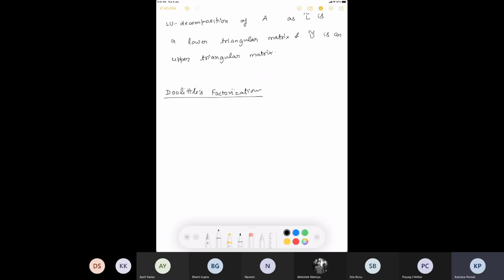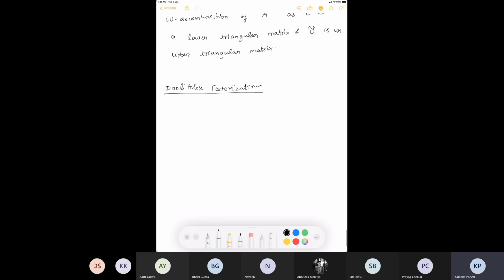As I said, this is again an LU factorization, but as one of you was mentioning, I'm going to fix the diagonal of the lower triangular matrix to be unity. That is, all the diagonal elements of the lower triangular matrix we are going to take to be 1. Okay. So let's first write down what a Doolittle's factorization is.